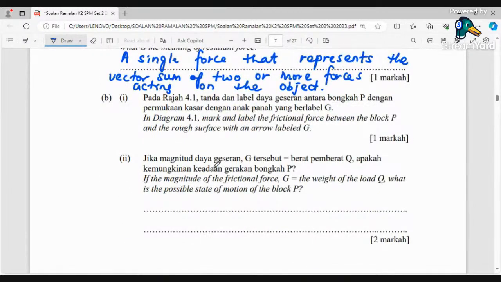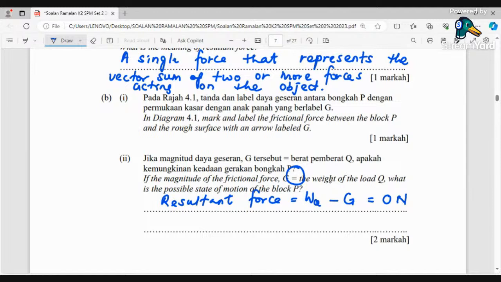So the resultant force equals WQ minus G. Here they are equal, so WQ minus G is 0 Newton.